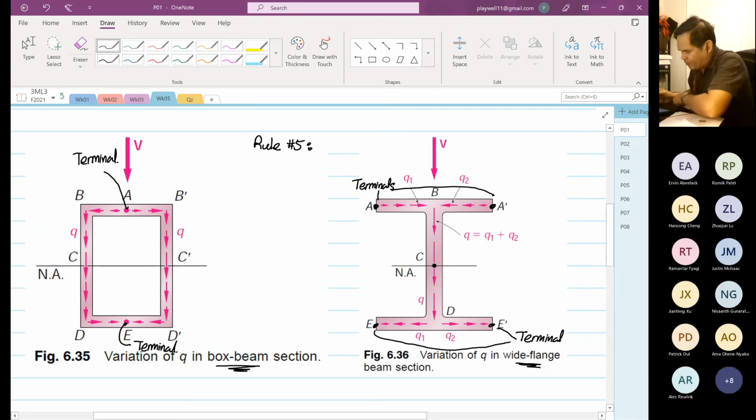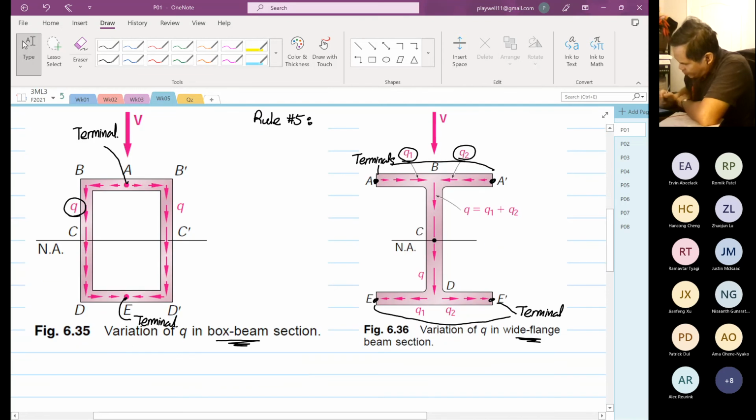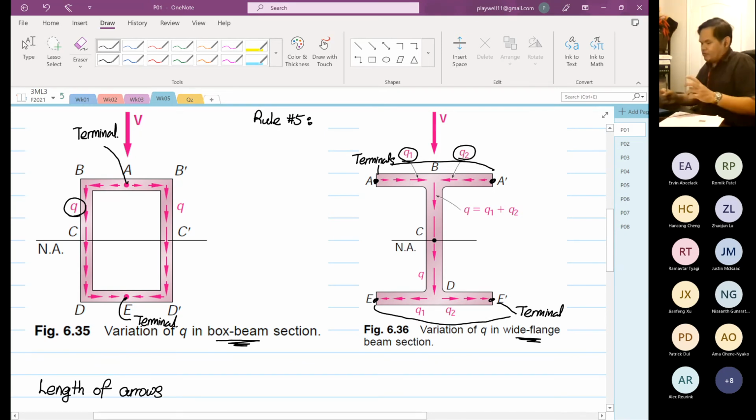Before I state rule number 5, all these arrows you see are known as the shear flow, known as Q. You can see here you have Q1 and Q2. Look at the length of the arrows: at the terminal, the arrow is short, and when you move further away from the terminal, it gets longer.